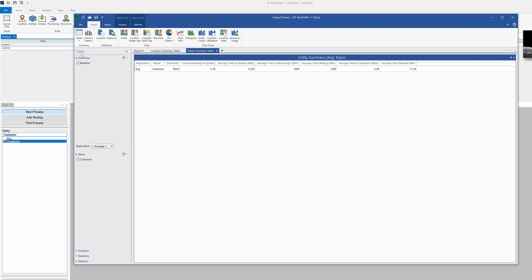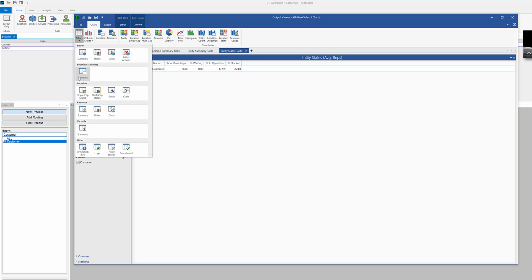And that's our customer time. And entity states: what percentage of time moving, percentage of time in operation, percentage of time blocked. That's being blocked in the location, unable to move to the next location. So that's the time that you spend in the queue, in the waiting line.